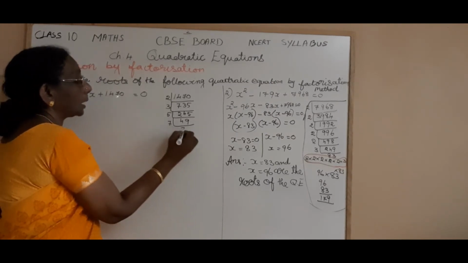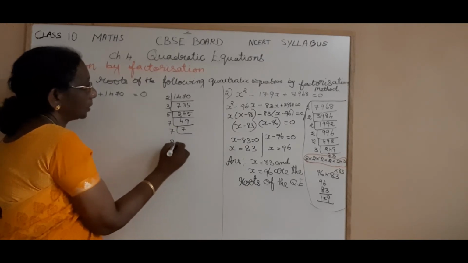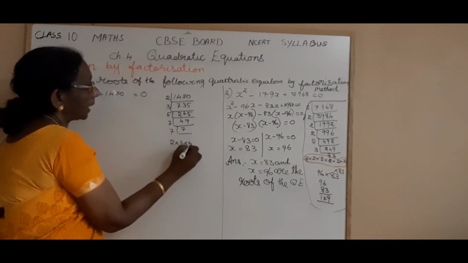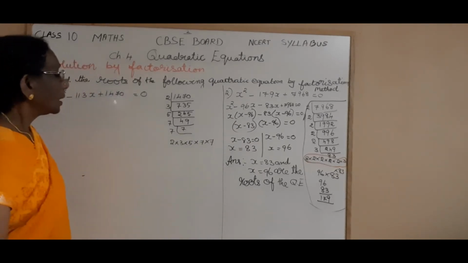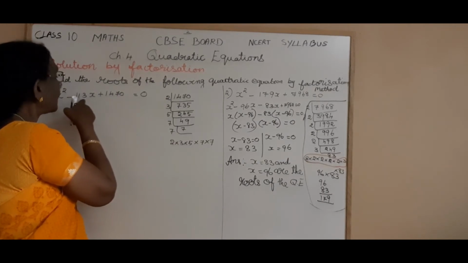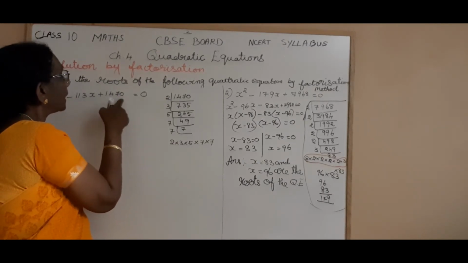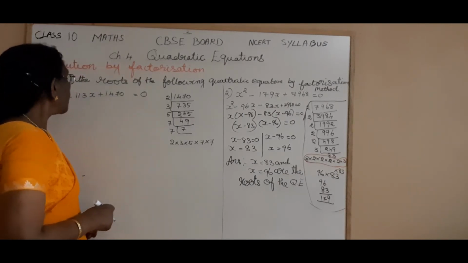So you have to group in another way. So 2 into 3 into 5 into 7 into 7. Okay, so 113. When you add, you have to get it, and when you multiply, you have to get 1470. So the number should be what?